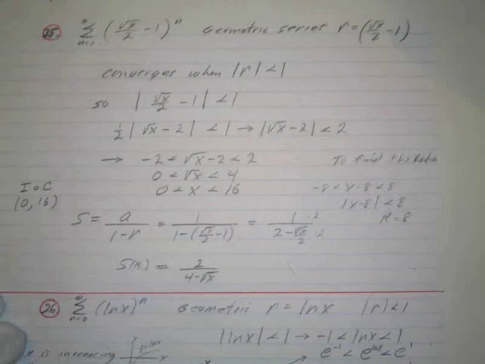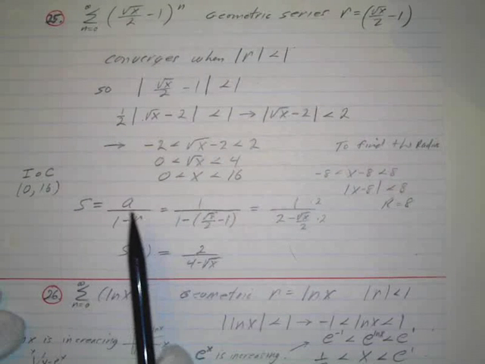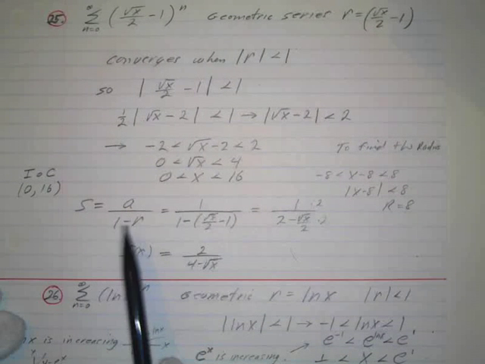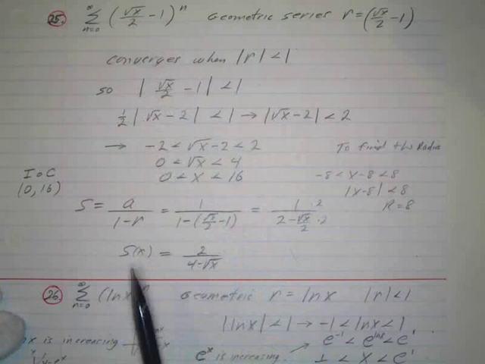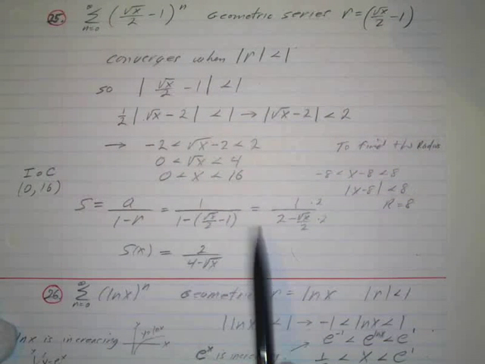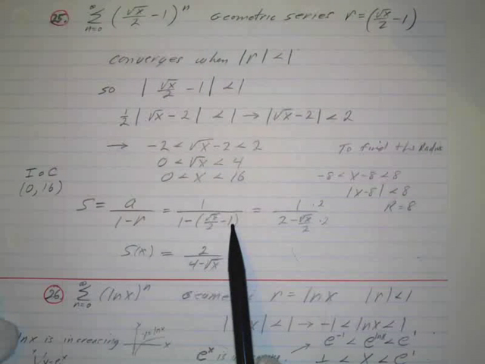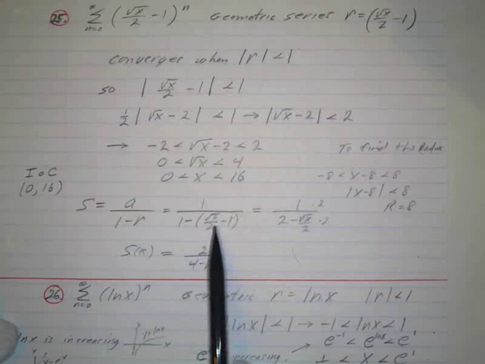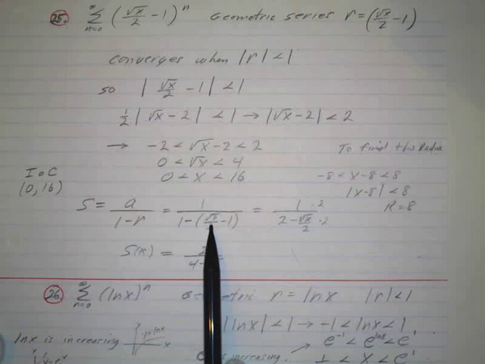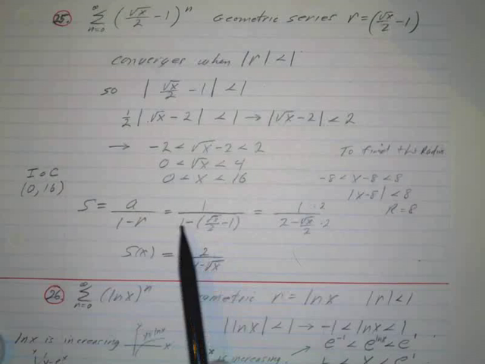Okay? All right. Then if we want to find the sum, remember it's a geometric series, so the sum equals a over 1 minus r, but in this case, a is going to be 1, so it's going to be 1 over 1 minus r. And then I can multiply the top and the bottom by 2 to get rid of the bottom fraction here, and I'll also simplify this in both steps.